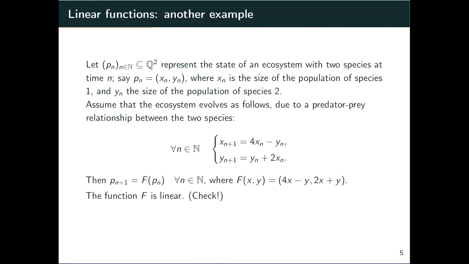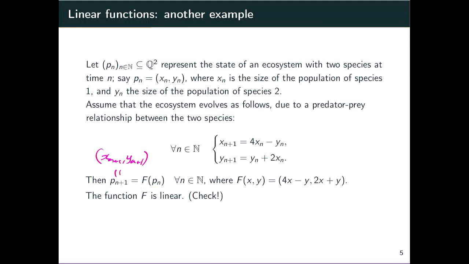Okay, so remember that P is a vector, so this thing here is equal to xn plus 1, yn plus 1. So it's that vector. And what we see here is we're going to define a function f that acts on Pn and sends it to Pn plus 1.